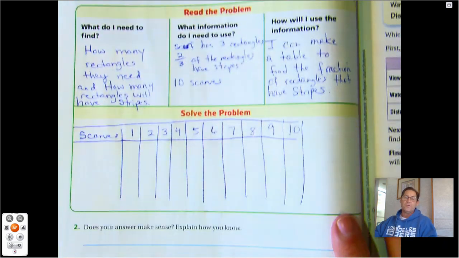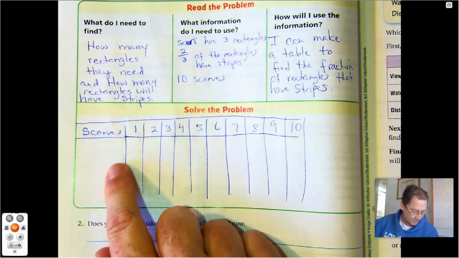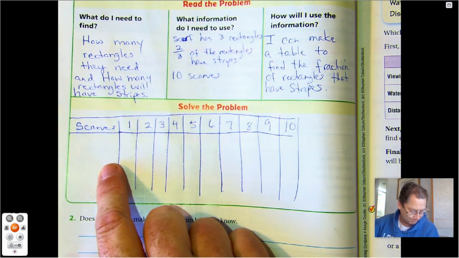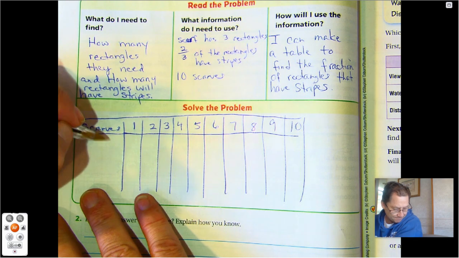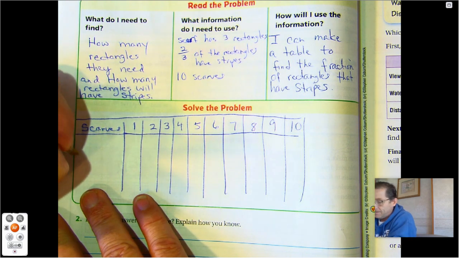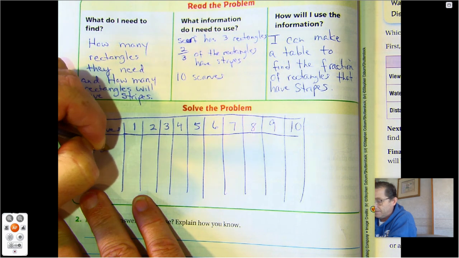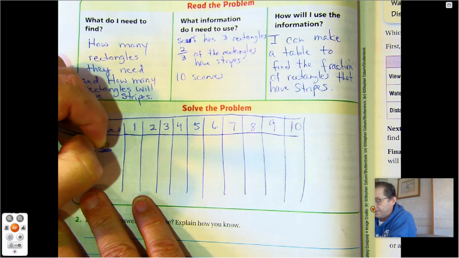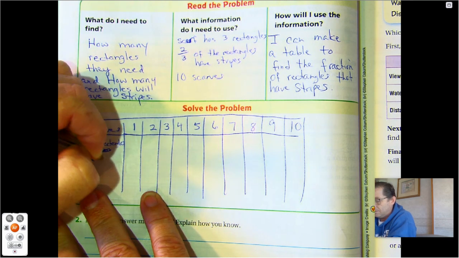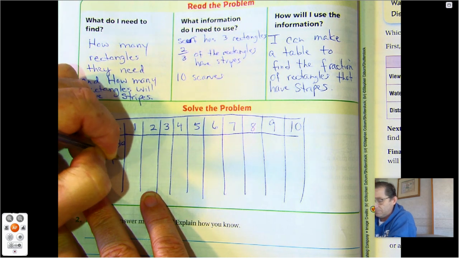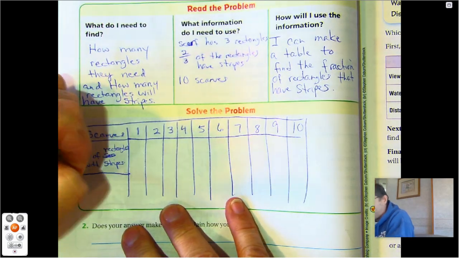What are we doing every time we have 1 scarf? Well, we're going to have number of rectangles with stripes over total number of rectangles.